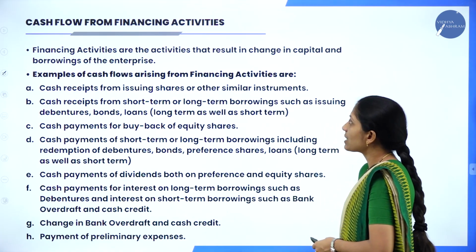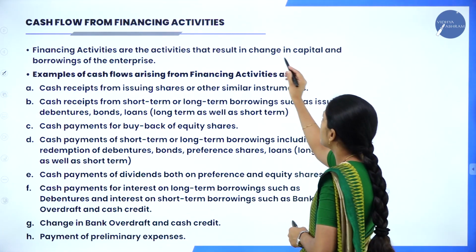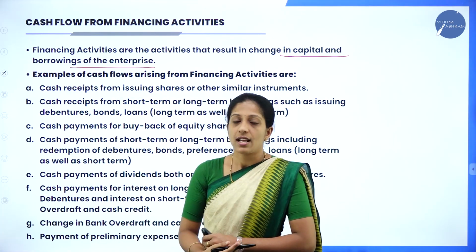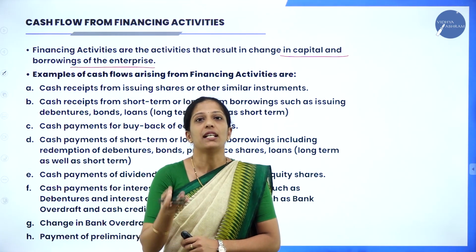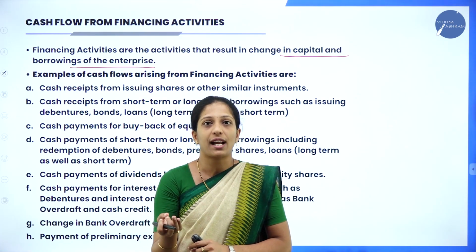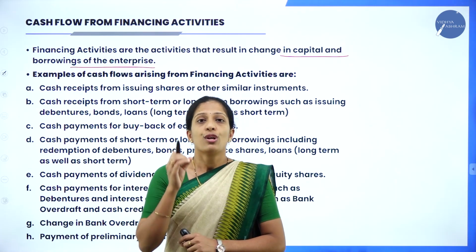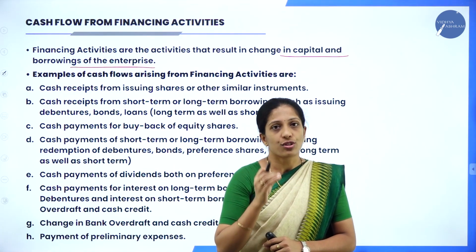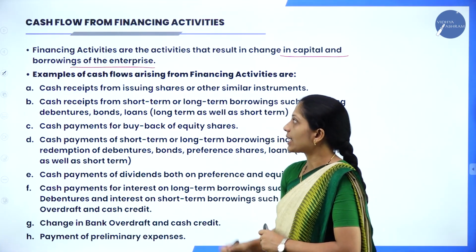Now let us see what is this financial activities. So financial activities are the activities that result in a change in capital and borrowings of the enterprise. Suppose if you borrow, your capital increases. In the same way, suppose if you lend amount to the outsiders, your capital decreases. So anything that results in increase or decrease in capital, so that comes under what? Financing activities.